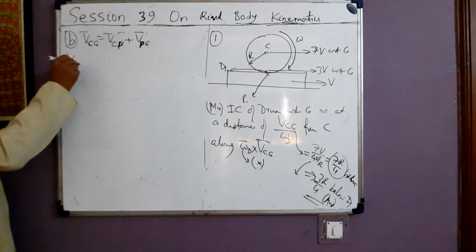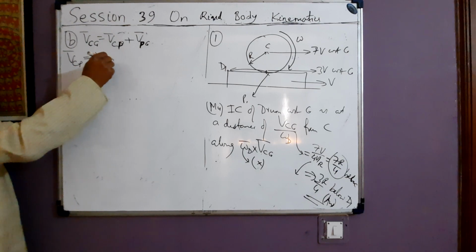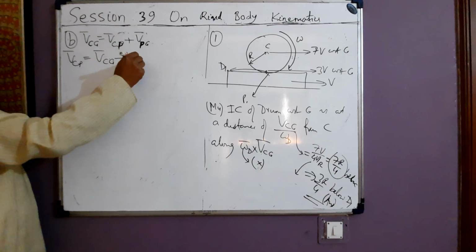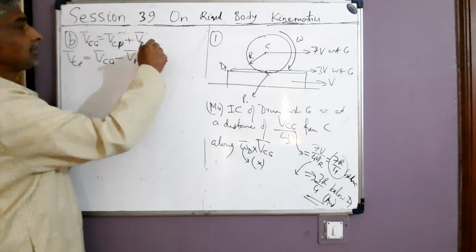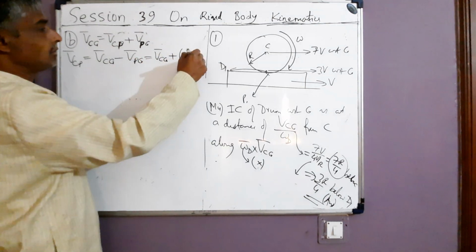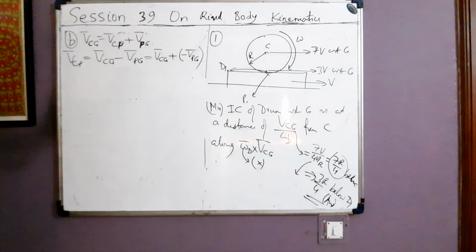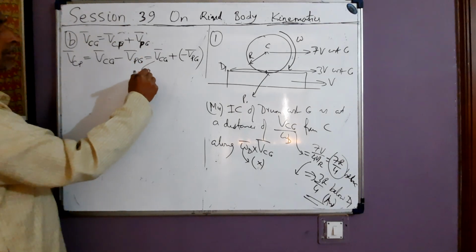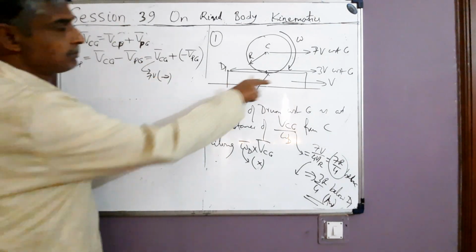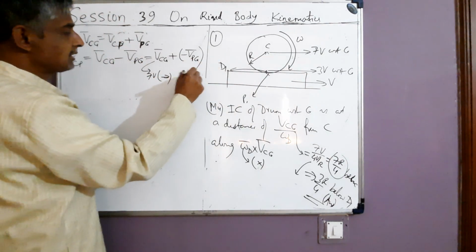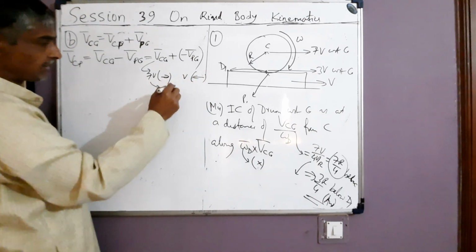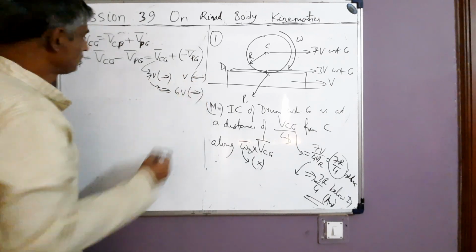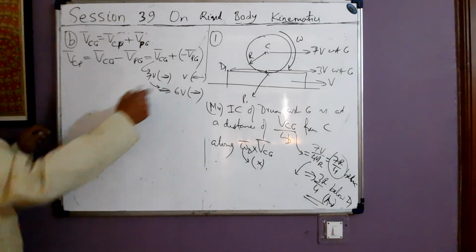So VCP becomes VCG minus VPG. VCG is 7V rightward and minus VPG becomes V leftward. Adding vectorially, from parallelogram law, VCP becomes 6V rightward.